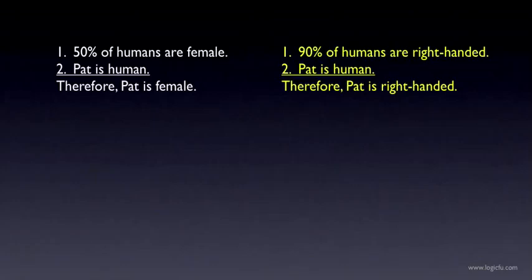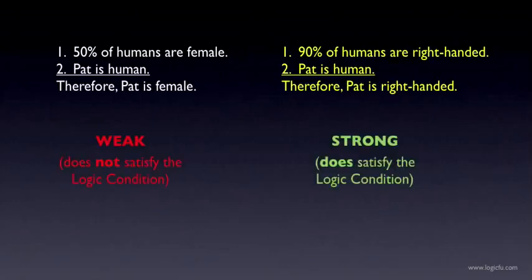And if that's the case, then we should say that this argument satisfies the logic condition, because it has the property that, if all the premises are true, then they give us good reason to believe the conclusion. This difference is what the distinction between weak and strong arguments amounts to.